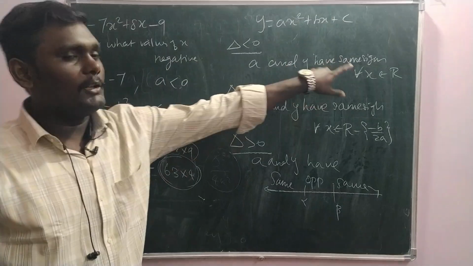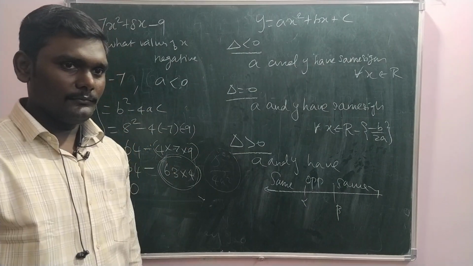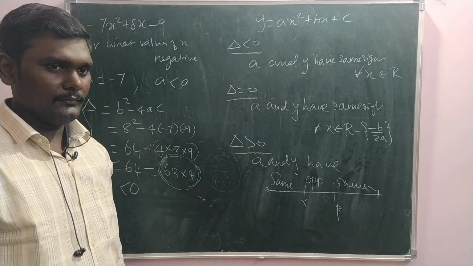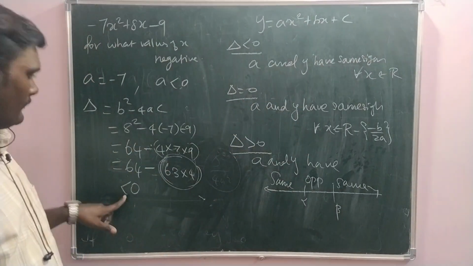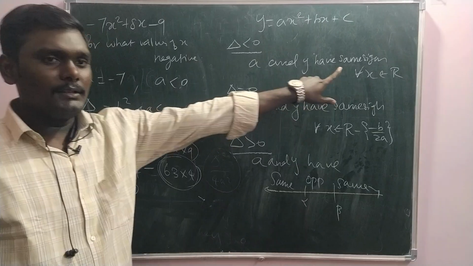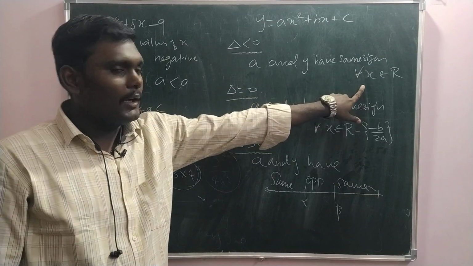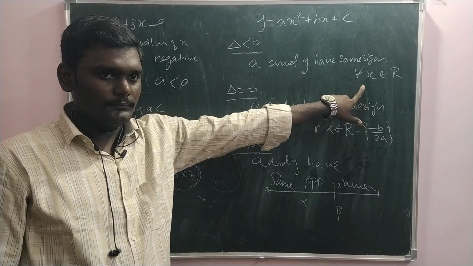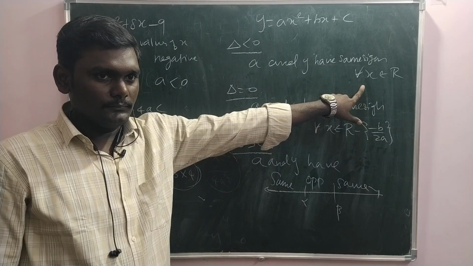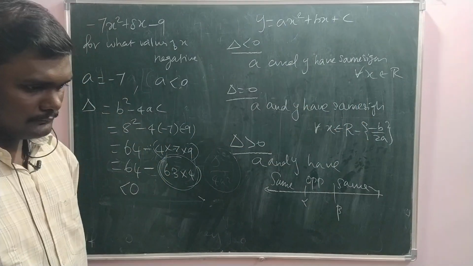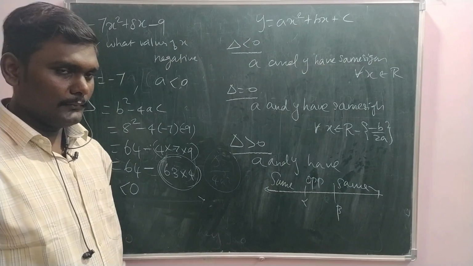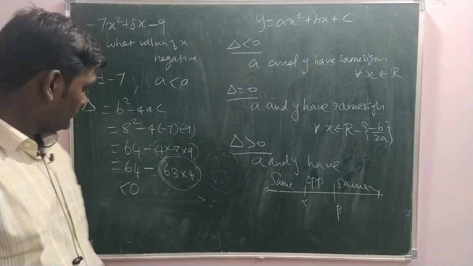Now see, delta is less than 0. Then a and y will have the same sign, for all x.